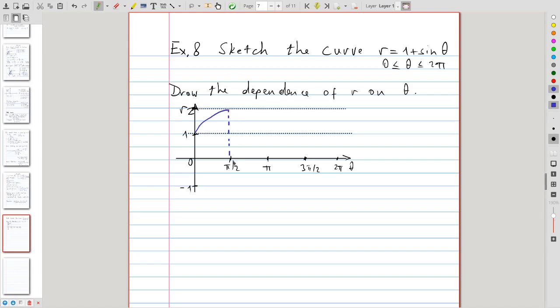And then from pi over 2 to pi, it goes back to 1, because sine theta is 0 at pi. Then at 3 pi over 2, I get down to 0, because sine theta is minus 1 at 3 pi over 2.